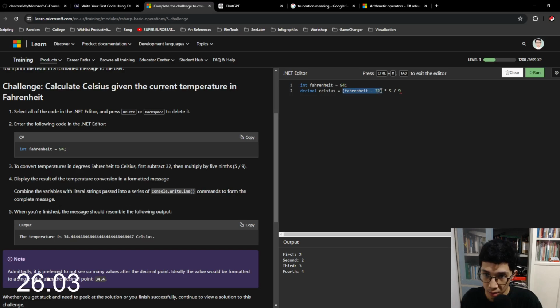Fahrenheit minus 32: 94 minus 32 is equal to 62. 62 times 5 is equal to 320. 320 divided by 9 is the result.